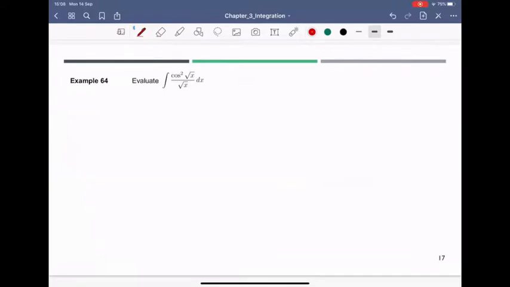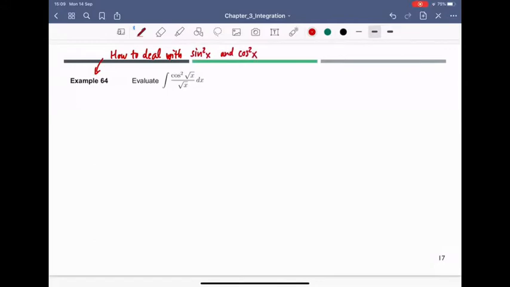This is considered a medium to hard one if it shows up on the exam. What I am trying to show you here is how to deal with sine squared and cosine squared.